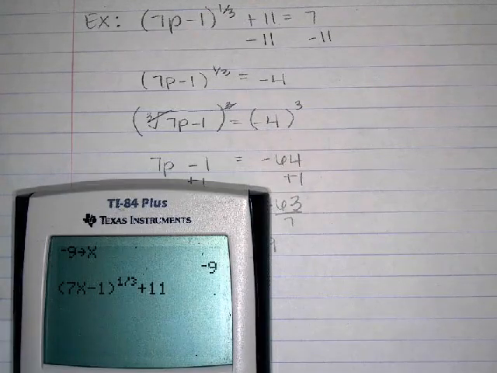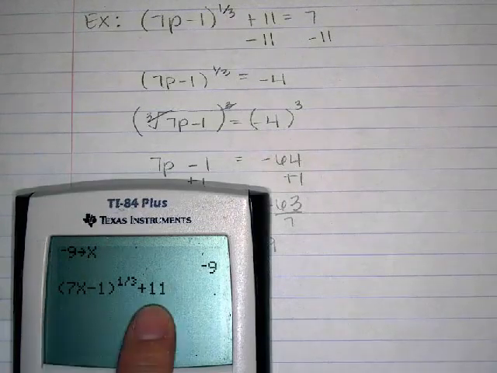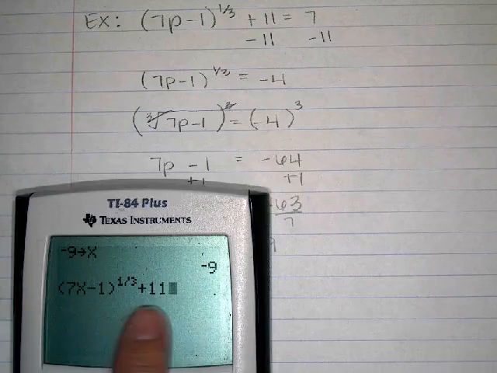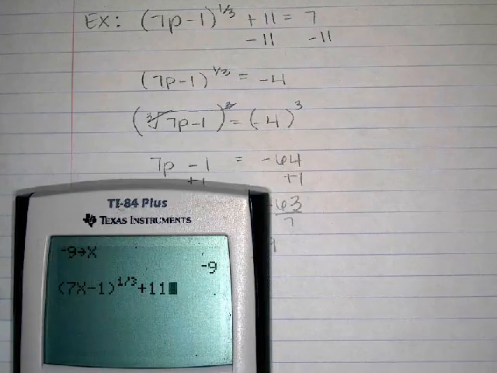I'm storing -9 as x, then plugging this in, and that should give me 7 if I got the answer right. Because it gave 7 here.